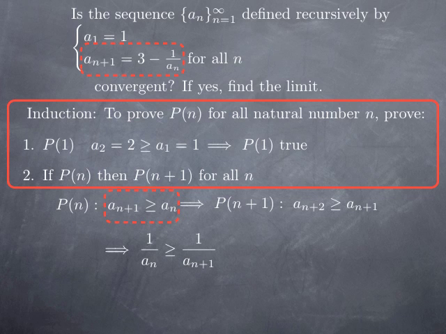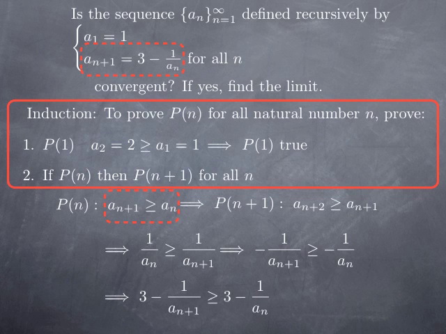When I take the reciprocals, it reverses the inequality, so I get 1/a_n ≥ 1/a_{n+1}. When I multiply by negative 1, it reverses again the direction of the inequality, and I get -1/a_{n+1} ≥ -1/a_n. When I add 3 on both sides, I preserve the direction of the inequality.